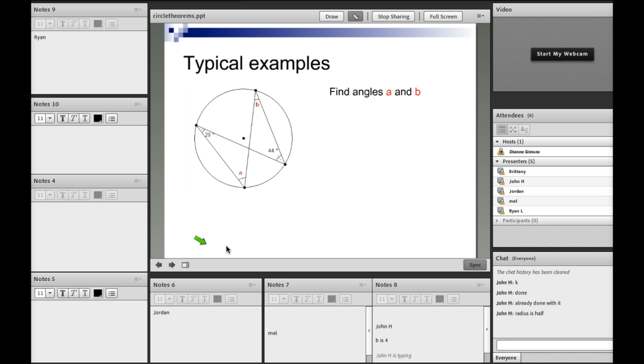A is 152. And angle B, 136. Okay. So we're going to imagine a chord. Make sense? All right, so if this angle over here is 28, what do you think this angle over here is? Angle B.